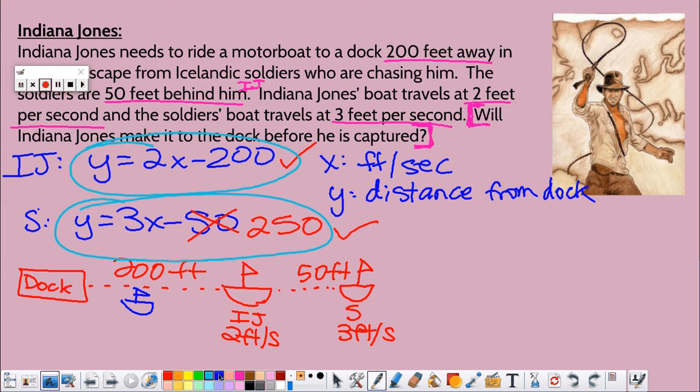The time in seconds. Okay, you need to change that, because we already have our feet per second right here. So we're going to do our feet per second times the number of seconds they're traveling minus the distance from the dock at the start. Okay? Does that make sense?